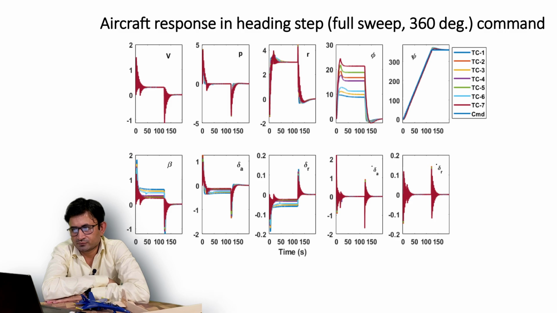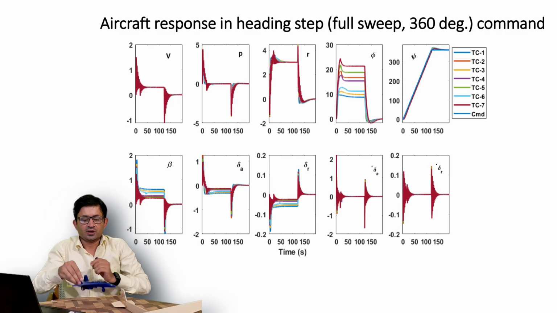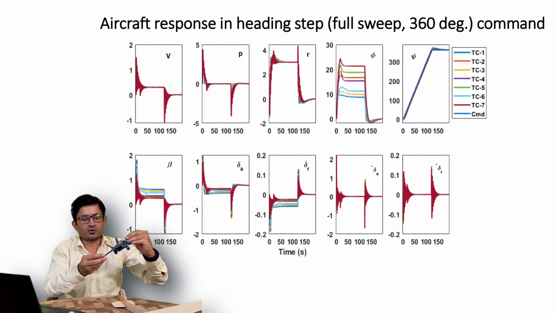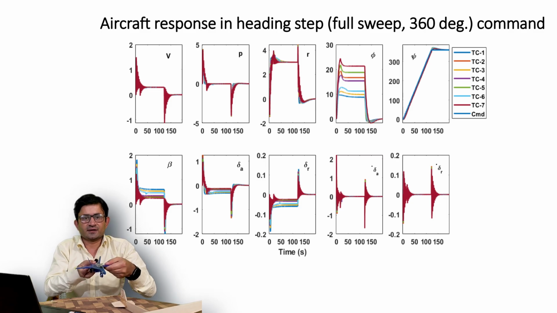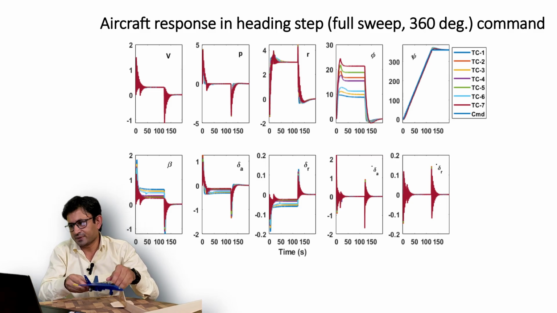You can see the controller is trying to achieve the performance perfectly. At an initial stage, in order to take a turn, you have a bank, and when it reaches 360 degrees, the bank angle becomes 0. That means you have to take a bank in order to take a yaw, and once you achieve 360 degrees, you level the flight. It is happening perfectly here.